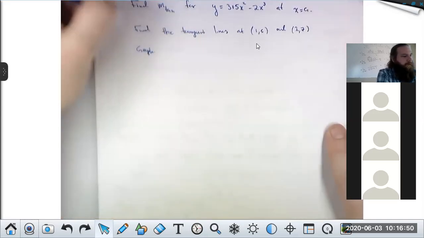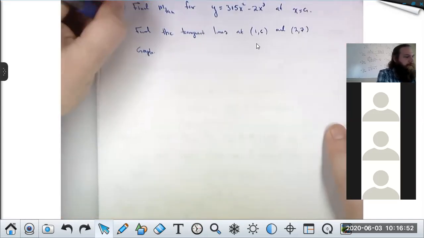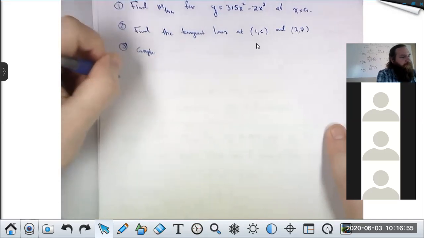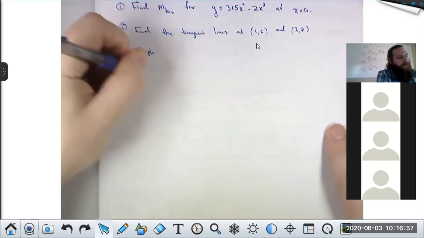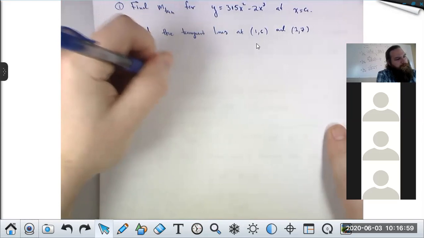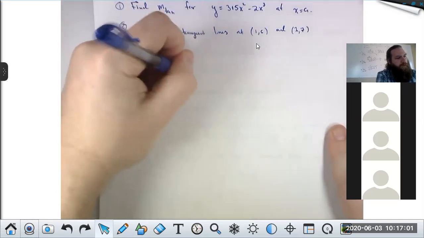So the first part, all right, we've got part 1, part 2, part 3. For part 1, I'm going to call this function f of x, so I can use my notation.